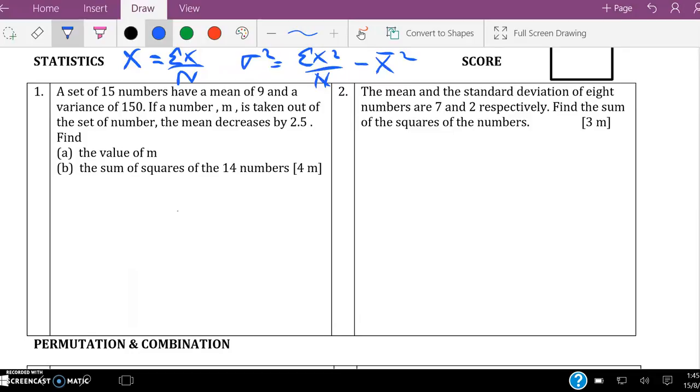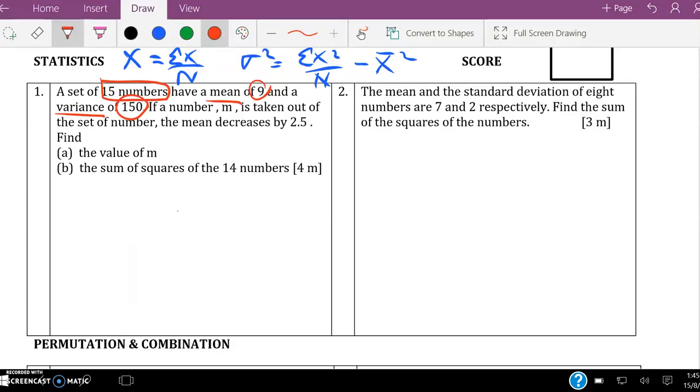So let's begin with the sentence here. They say that there are 15 numbers and the mean is 9 and the variance is 150. When we already know the formula, it is so easy to substitute inside.